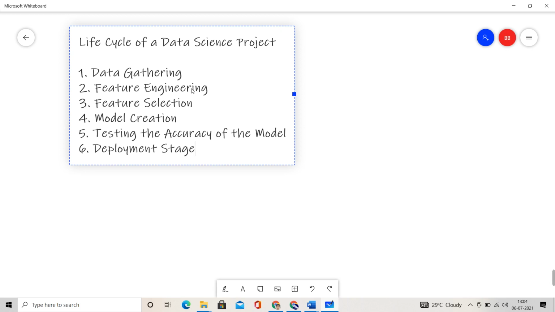That means again we will start from step 2 onwards. That means we will go for feature engineering, feature selection, model creation, and then again we will test the accuracy of the model. So this is how the life cycle of a data science project actually behaves. So these are the steps of a life cycle of a data science project.